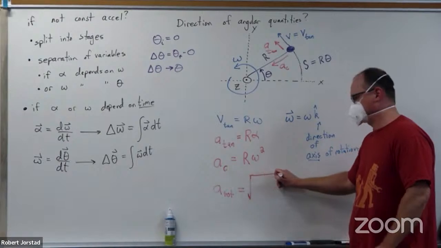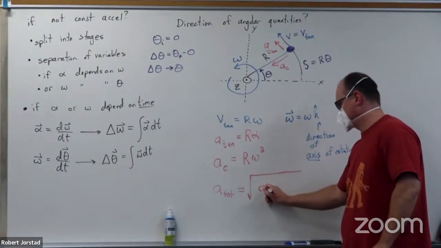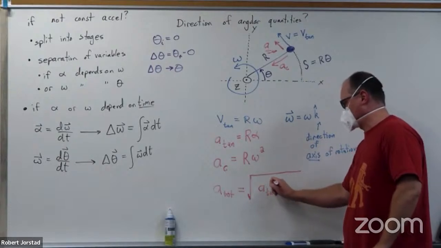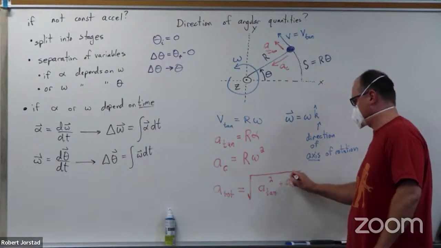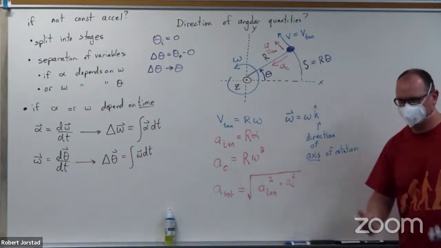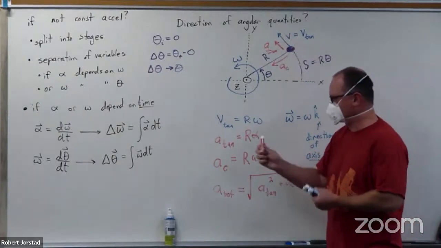Yes, nice. Man, you're on fire today. Take the square root, we add them in quadrature, meaning square them, basically Pythagorean theorem, right? You got some amount this way, some amount that way. You can make a triangle out of them.